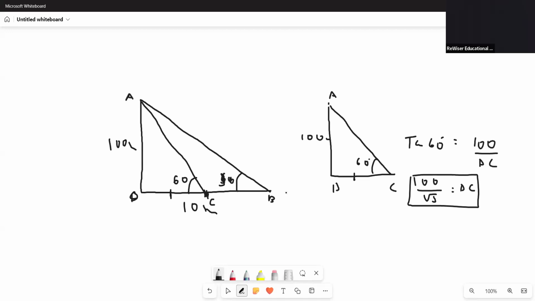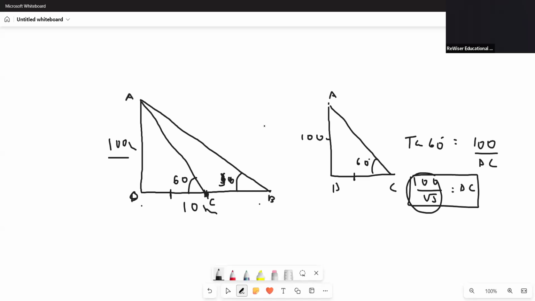Now, in this case, we have taken an arbitrary value. So the value of DC that we got is even greater than the value of DB, which was 10 meters. That literally means that we have to adjust the value. This was just an example that we are talking about.